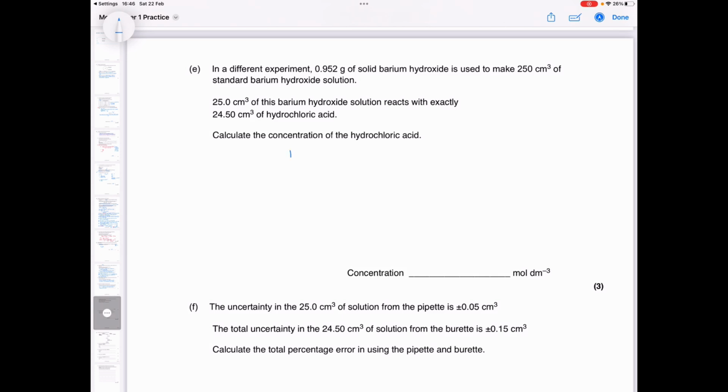So barium hydroxide is in group 2, so it's Ba(OH)2, and it is reacting with hydrochloric acid, so it's going to need to be balanced like so, to ensure that we've got all of it fully neutralised.